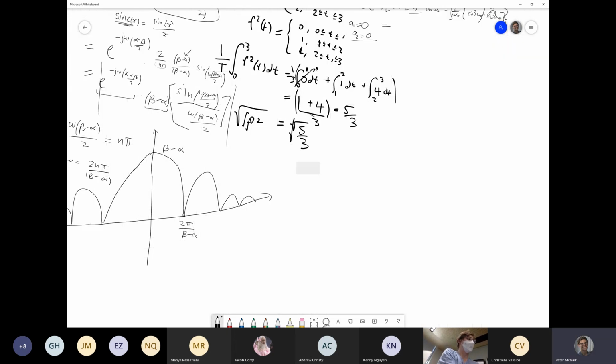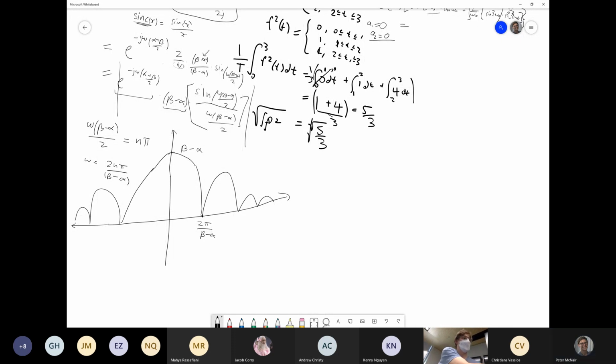And it's going to have a value of 1 and zeros at 2n pi. So now, if you get something like that in your exam, you know what to do. Any questions, or anyone online got any queries? I apologize, that's a really long question. Probably a bit brain dead.